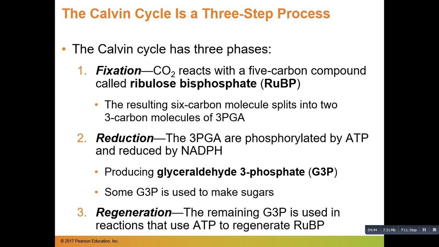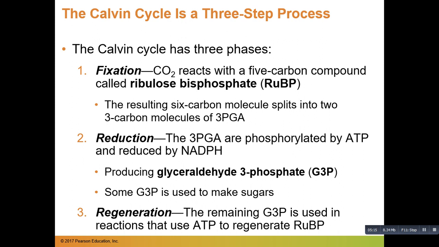So when we get this fixation reaction, we're going to add the carbon from the carbon dioxide and the 5 carbons from the 5-carbon compound, and we're going to get a 6 carbon molecule that is then going to split into two 3-carbon molecules of what is known as 3-PGA.